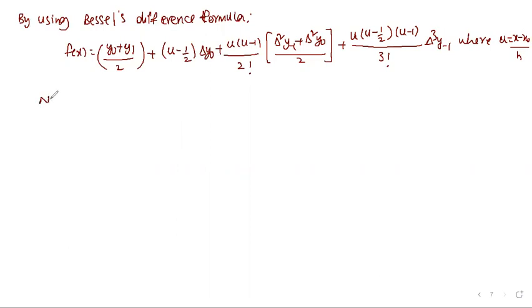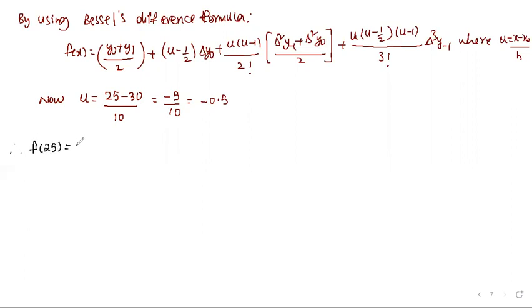Here u is equal to 25 minus 30, with interval of differencing h equal to 10, so minus 5 by 10, that is equal to minus 0.5. We get the u value.